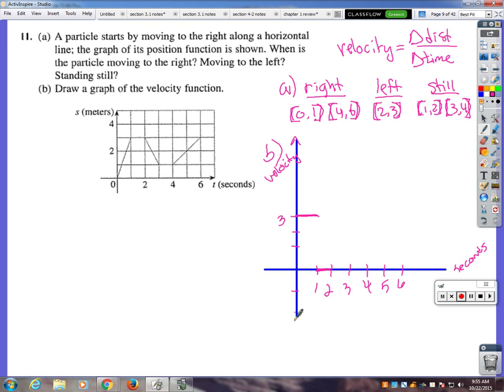Negative 2. So from 2 to 3, I need a little horizontal line segment there. How about 3 to 4? 0. So put a little segment right there. And 4 to 6 is all one chunk, so just put that together.